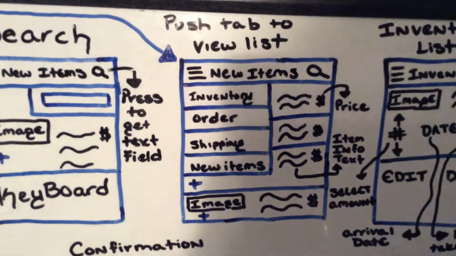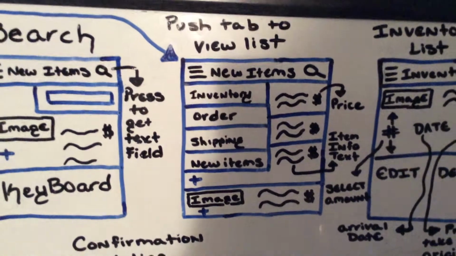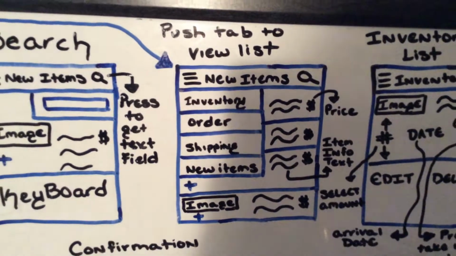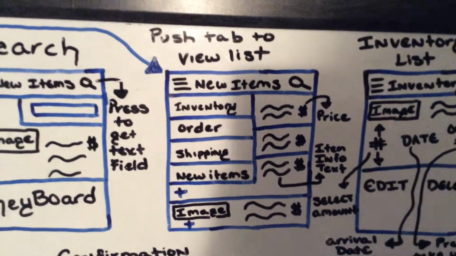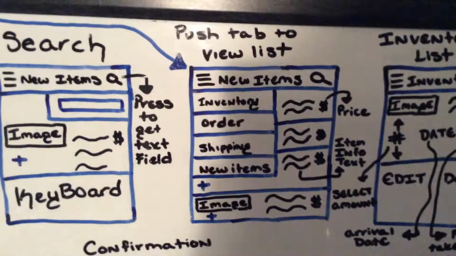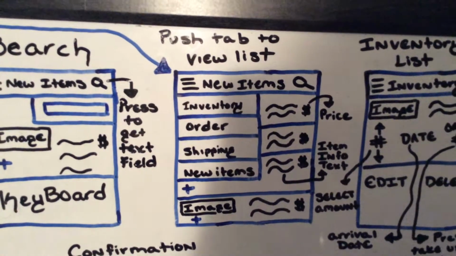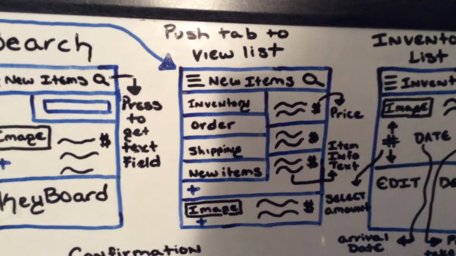These are four lists that the user can view at any time within the app. Now, these lists cannot be deleted by the user no matter what. They are here to stay.